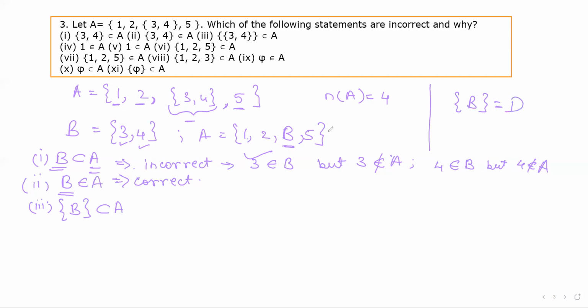This can be rewritten as D is a subset of A, which means this is a set and this is a set. Elements of D should be present in A. The element of D is B, and B is an element of A. So, elements of D are present in A. B is present in A. So, the statement is correct.